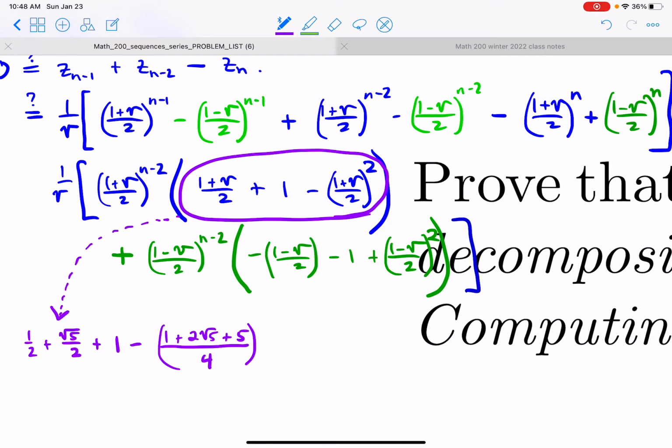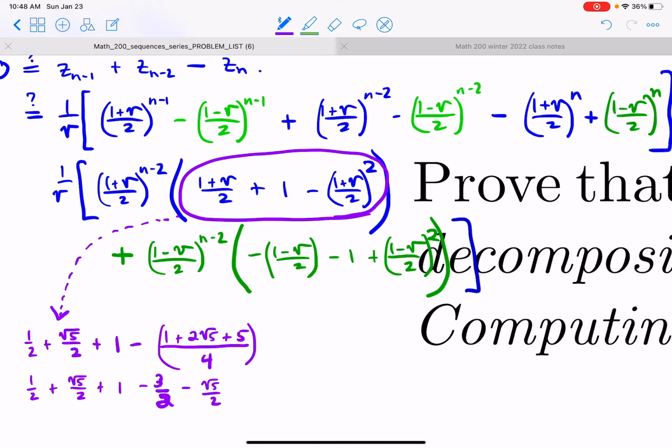Okay, so now I have to simplify. Let's see what I get. Plus root 5 over 2, plus 1, minus a fourth, minus root 5 over 2. Oh, wait. Let's do the 1 and the 5 together. That's a 6. So 6/4 is 3/2. I'm going to get minus 3/2.